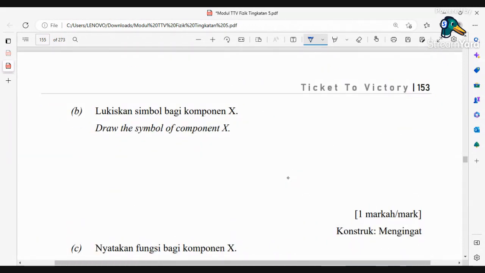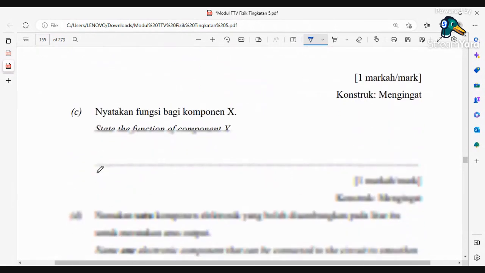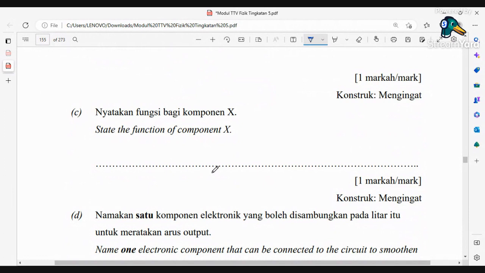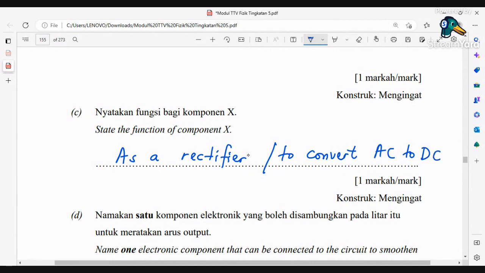Okay, draw the symbol of component X. So we draw here. This is the positive, this is negative. PN junction. State the function of X: as a rectifier, or to convert AC to DC current.